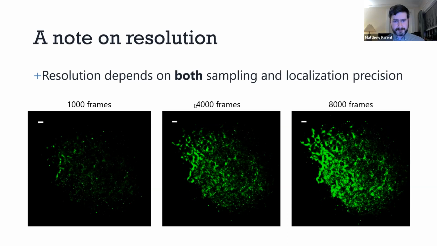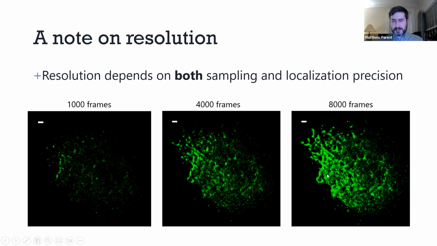And you can see in the example here, if I look at just the first 1,000 frames, it's really hard to tell what this structure looks like. By 4,000 frames, I'm starting to see what that structure looks like. I have many more molecules. And by 8,000 frames, finally, you can start to see that there's some structure here that appears in the cell.